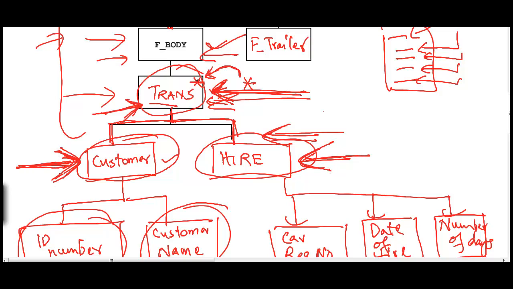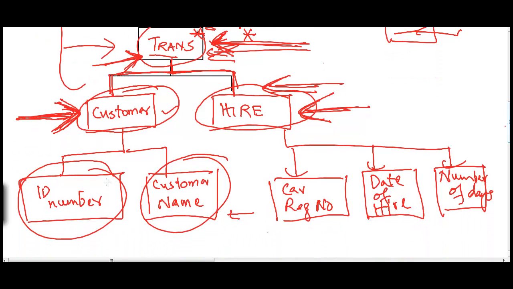As far as customer data is concerned, we are going to save his ID number and his customer name for that transaction. And then for hire data, we are going to save the car registration number, the date of hire, and the number of days. So I hope you understand how this works.